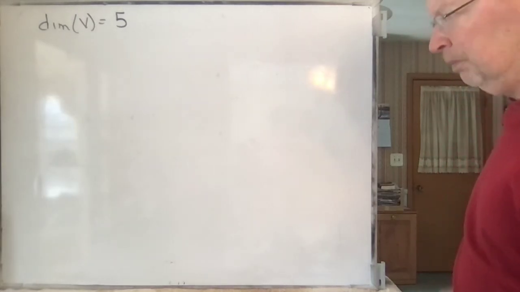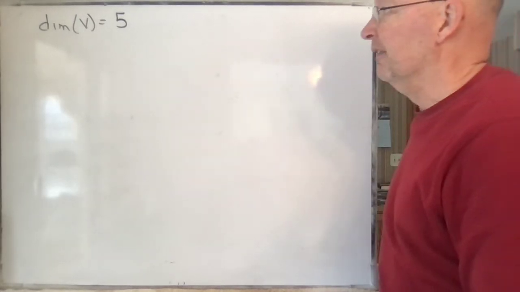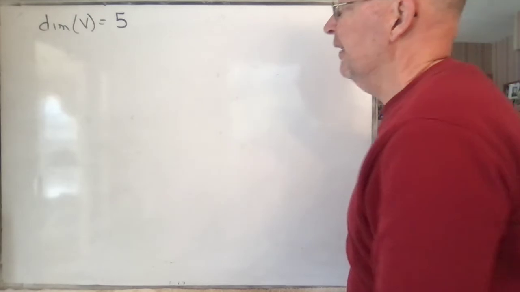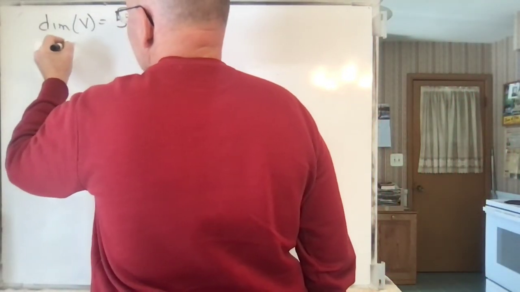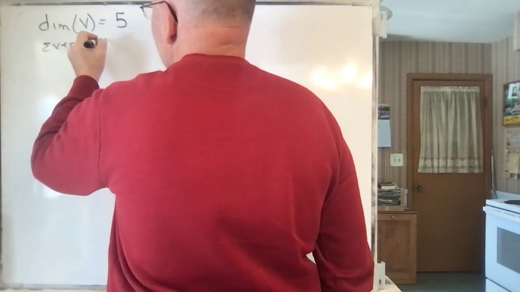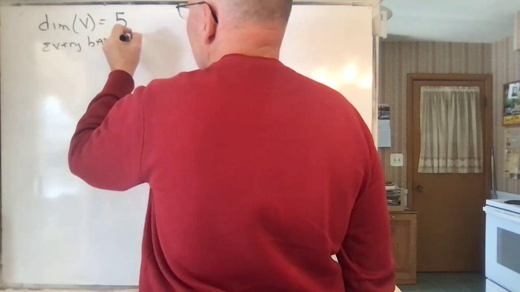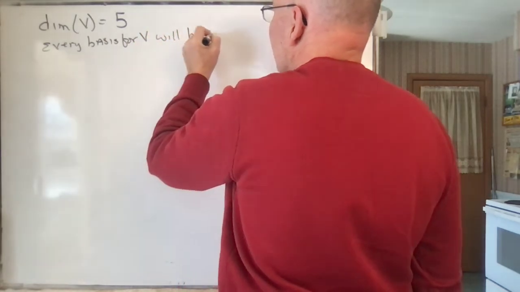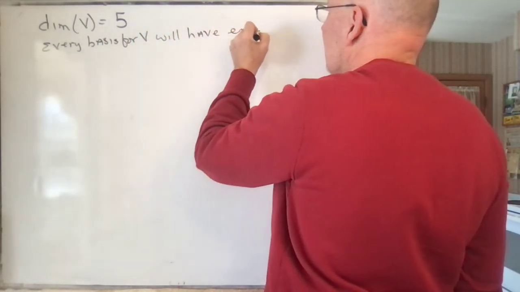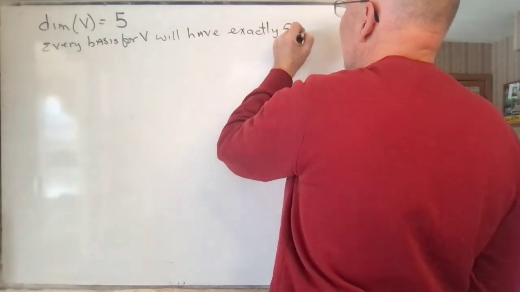Say the dimension of V is equal to 5. So I know that every basis for V will have exactly 5 elements.